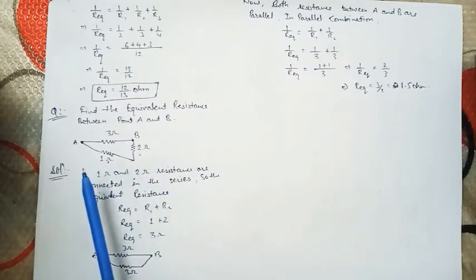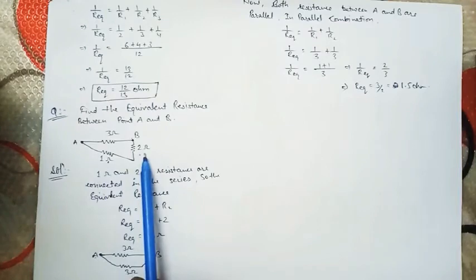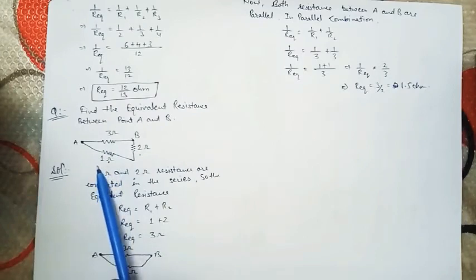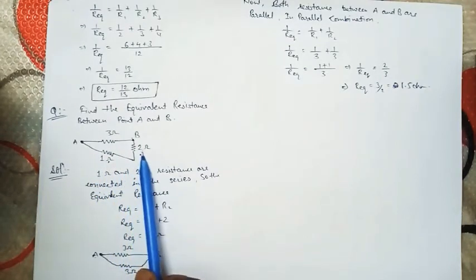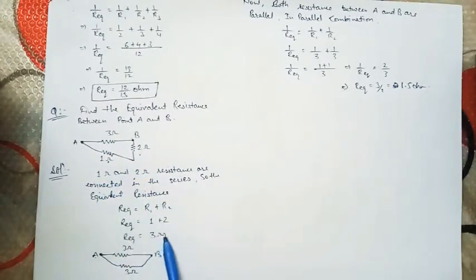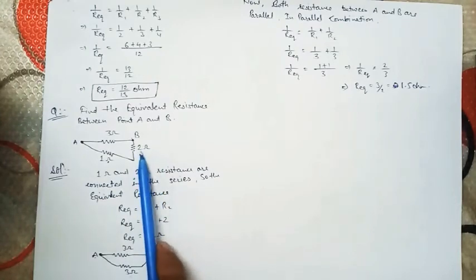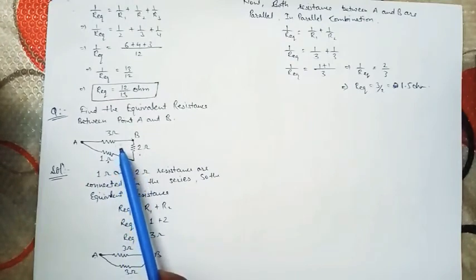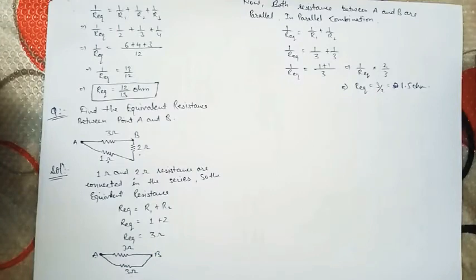Okay, here 1 ohm and 2 ohm both are in series combination and 3 ohm is in parallel combination. So first we solve that 1 ohm and 2 ohm are in series combination to get the equivalent resistance, that is a 3 ohm. Now we replace 1 ohm and 2 ohm by the 3 ohm. Now 3 ohm and another 3 ohm equivalent resistance is in parallel combination.